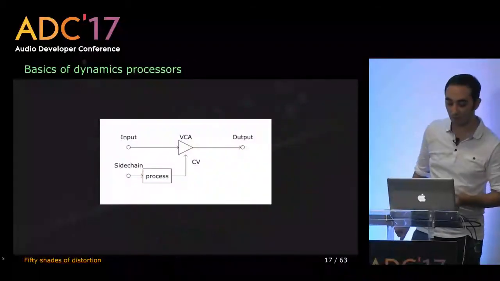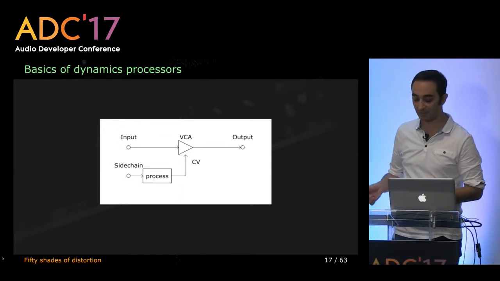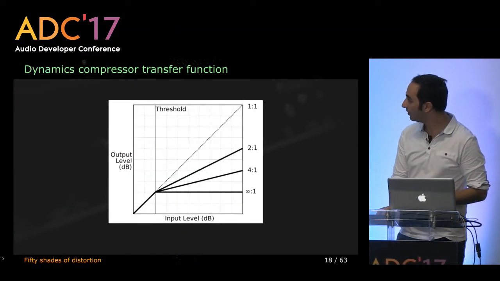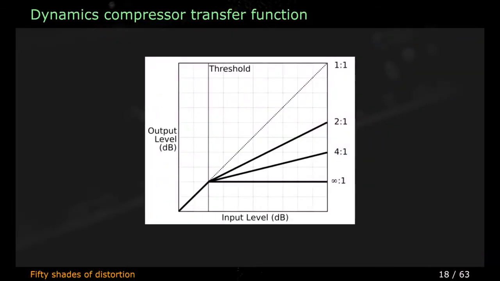So basically, we have our input sample here, and we have a sidechain signal, which could be the input signal or something else, depending on what you want to do. But here we are going to take the input signal as an example to see what we can do with that. And I'm going to talk specifically about what the compressor is doing.